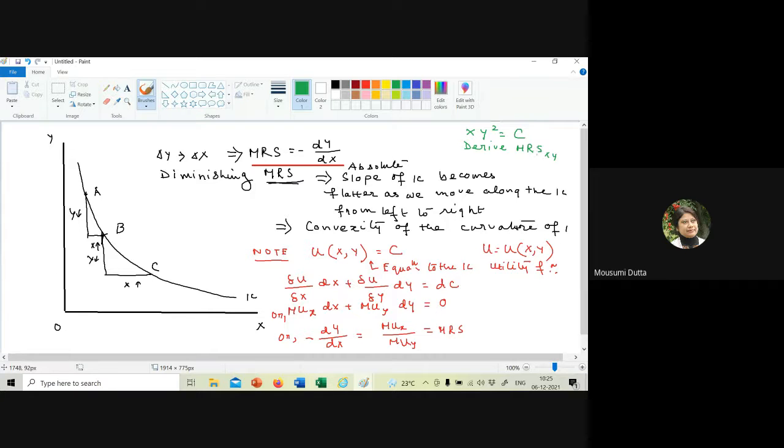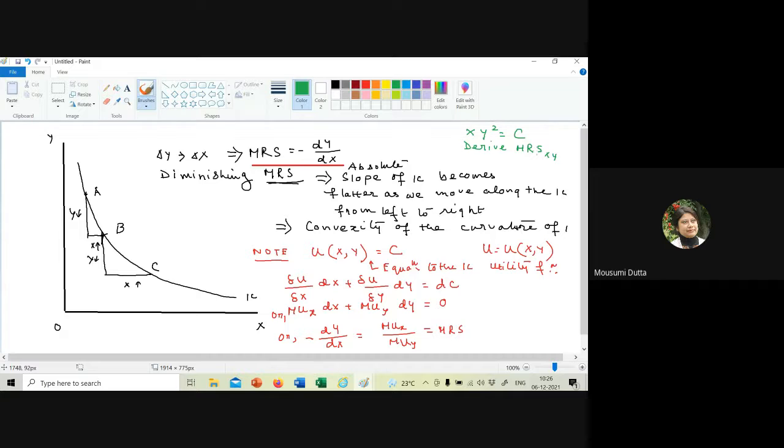So everybody could write the equation xy² = c. Then, totally differentiating the equation, we get: what will be the value of ∂u/∂x times dx?